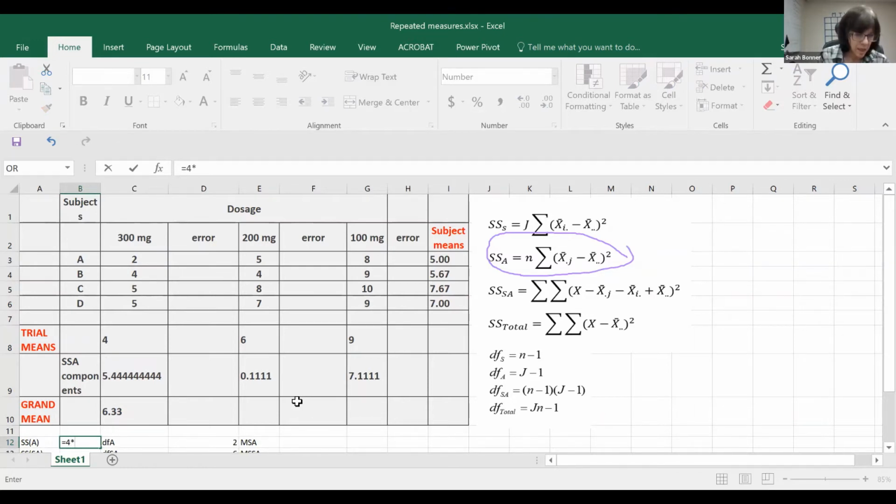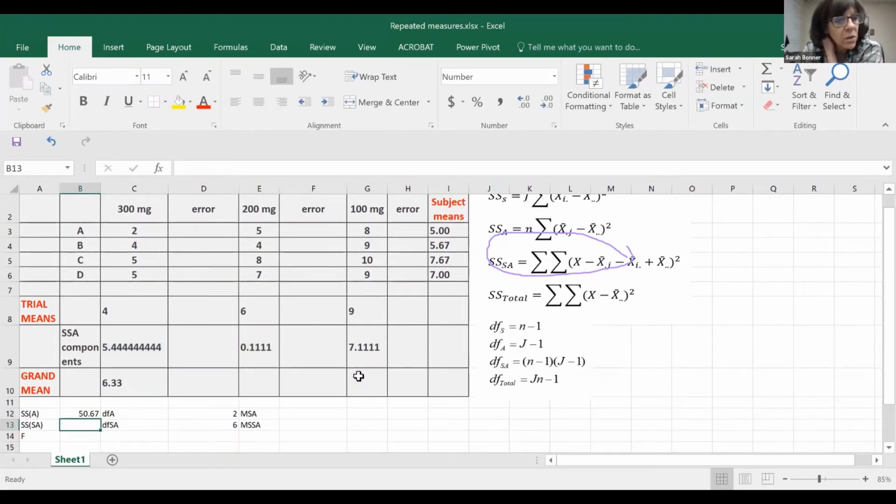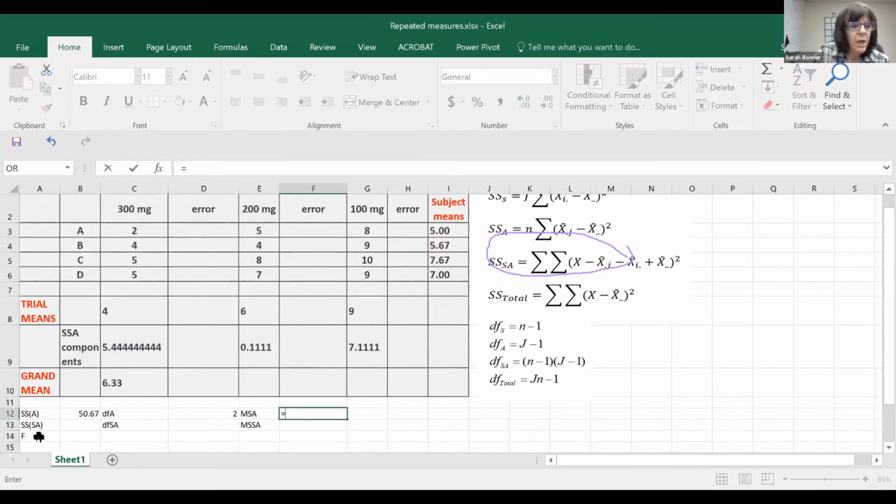So it's that times the sum of that value, and that value. So that's our A. Our degrees of freedom for A over here is J minus 1. We have 3 levels, so J minus 1 is 2. And our mean square for A would be our sum of squares for A divided by our degrees of freedom.